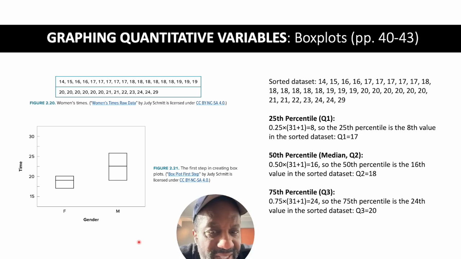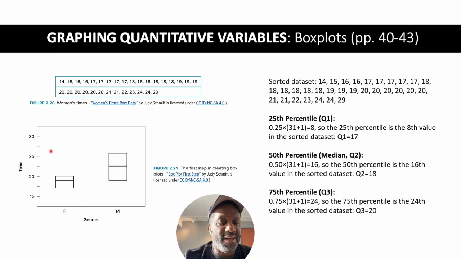And that's essentially what's happening with graphing in box plots. So first, the interquartile is the 25th, the 50th, and the 75th percentile. The 25th is always the bottom part of the box. The 50th is the line in the middle, and the 75th is the top line.